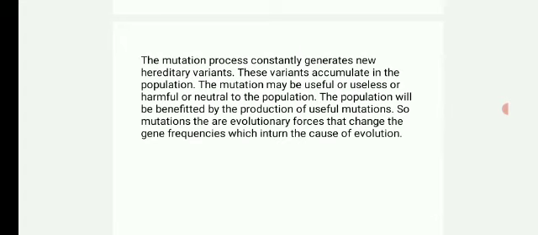These variants accumulate in the population. The mutation may be useful or useless or harmful or neutral to the population. The population will be benefited by the production of useful mutations. So mutations are the evolutionary forces that change the gene frequencies, which in turn causes organic evolution.